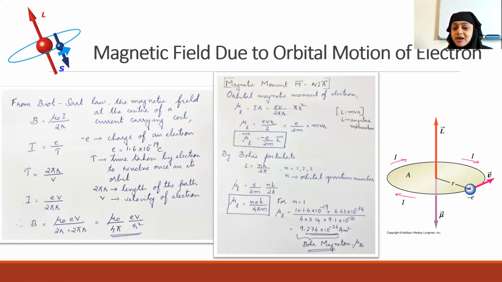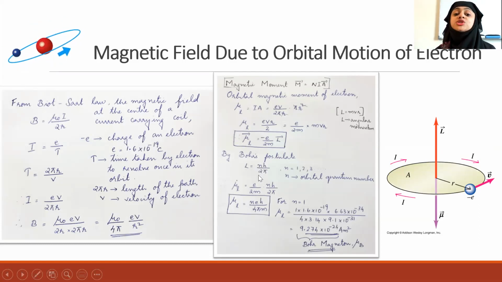Now, you must have learned Bohr's model of an atom. According to the Niels Bohr model of an atom, the electrons are revolving around fixed orbits around the nucleus. And one condition for a fixed orbit is that the angular momentum should be an integral multiple of h by 2 pi. That is the second postulate of Niels Bohr.